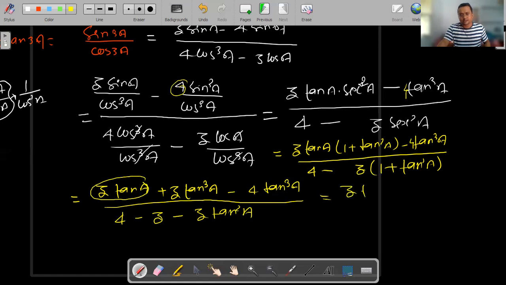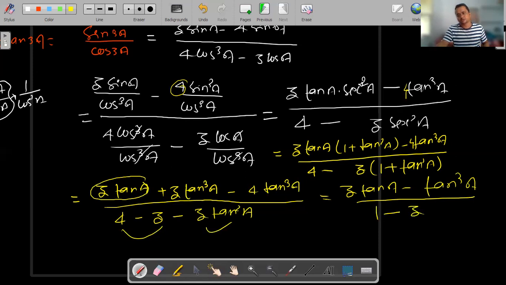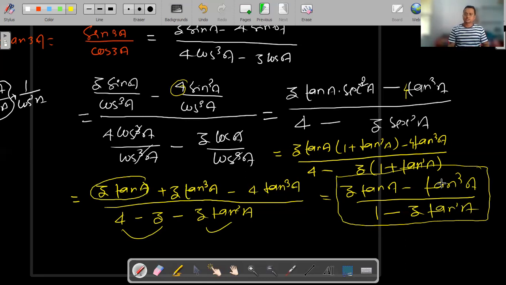We can get 3 tan A minus tan cube A. Very simple. Clear? 4 minus 3, 1 minus 3 tan square A. So this is what our formula. Understood? So finally we have proved this. Clear my point?